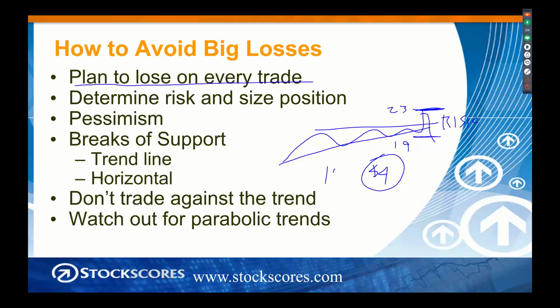If you buy 100 shares, then your risk is $400. If you buy 1,000 shares, your risk is $4,000 plus commissions and slippage. How many shares you buy is based upon how much you are willing to lose.